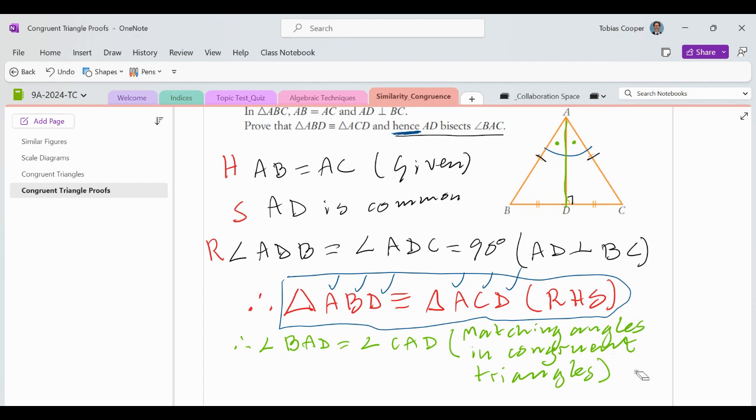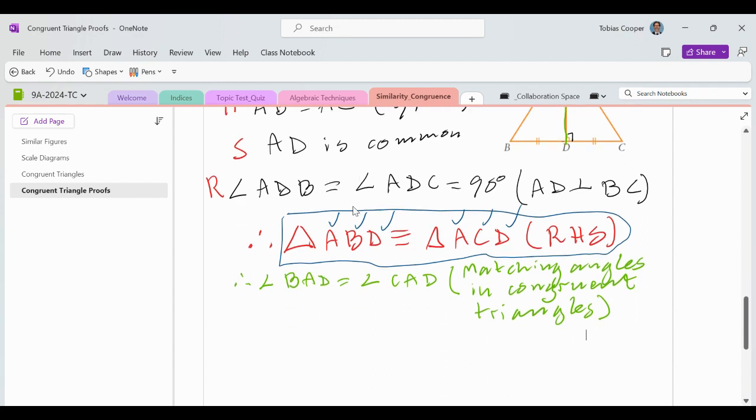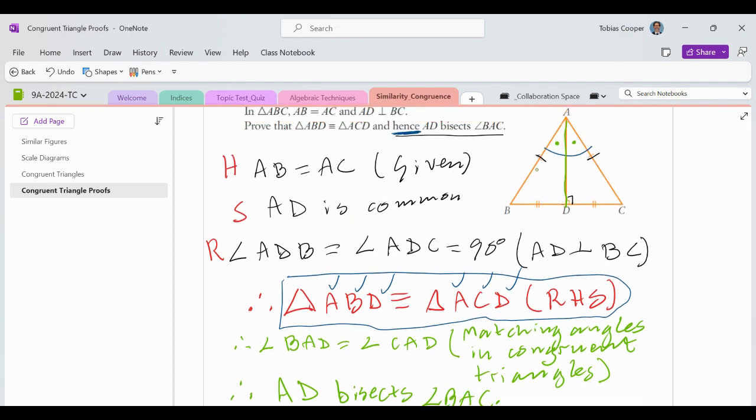Okay, so we prove those two angles are equal, which means we can conclude that AD does in fact bisect angle BAC. So therefore AD bisects angle BAC. Bisect means to cut in half, so you can see that AD has cut BAC in half because we've got two equal angles there, which we proved.